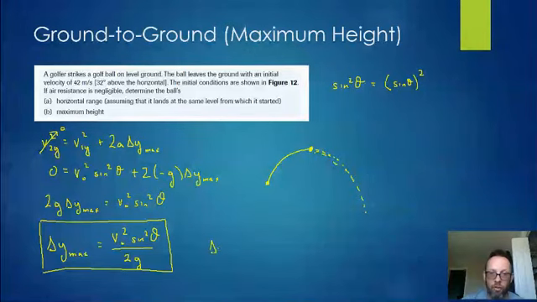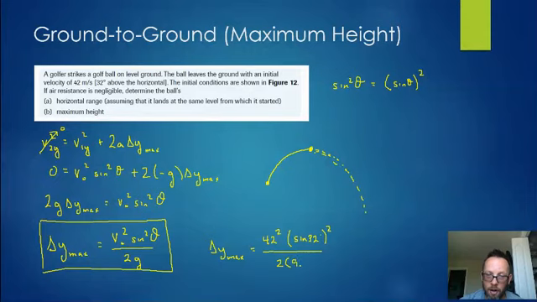So let's actually do it for our problem. Having derived that formula, the golf ball velocity, 42 squared. And here we're doing the sine of 32 degrees, but we're going to square that, divided by 2 times 9.8. I wrote it this way as sine 32 all squared, just to help out those of us who maybe hadn't taken that higher level math course and might not be as comfortable with the notation.